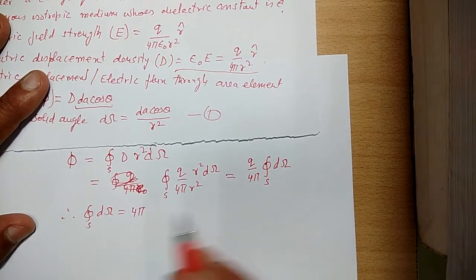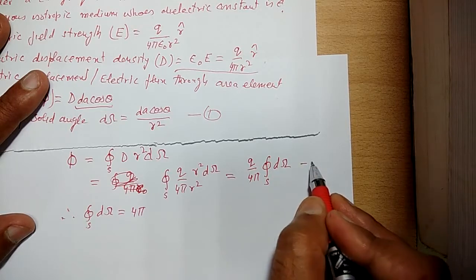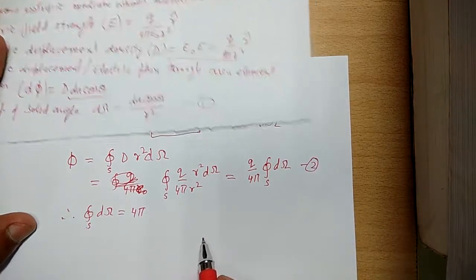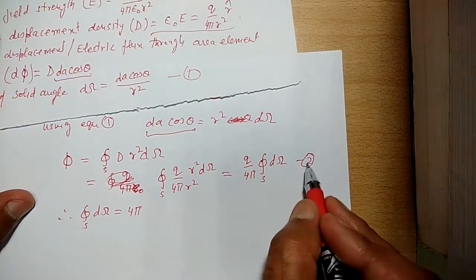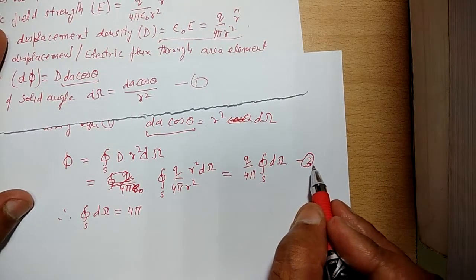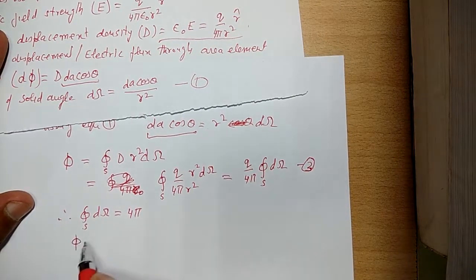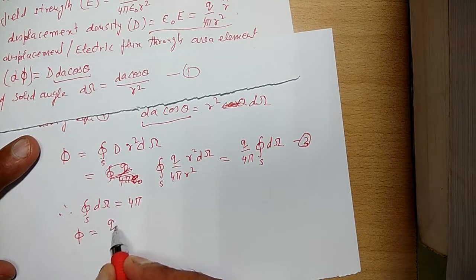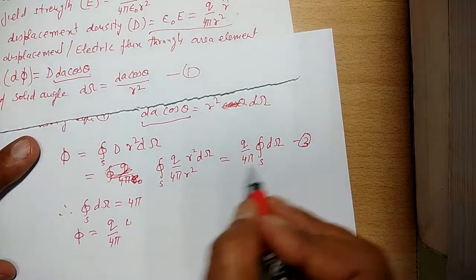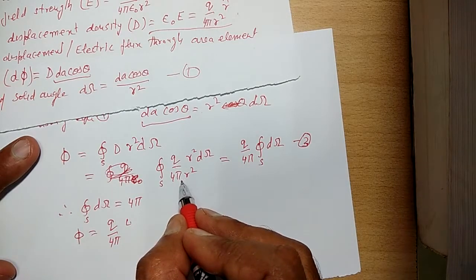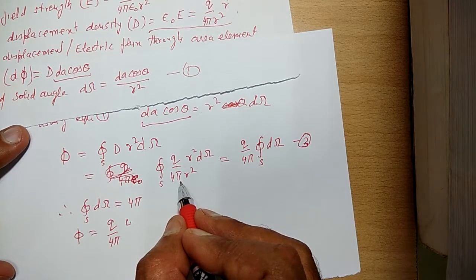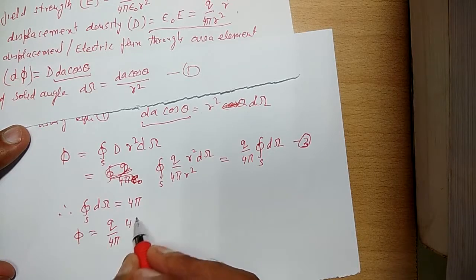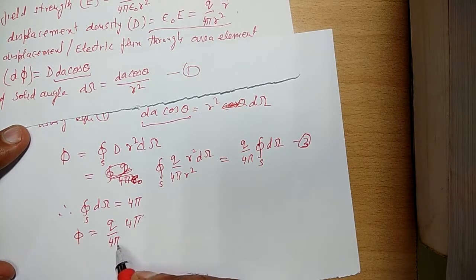So by substituting this value in equation number 3, total flux comes out to be Q by 4 pi into 4 pi, and that will get cancelled.